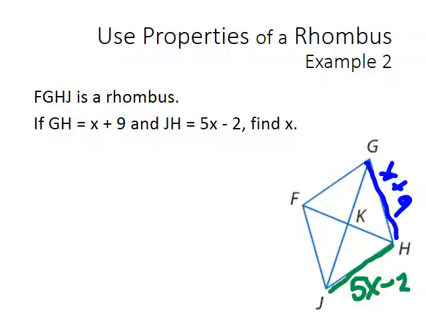And of course, from the definition of a rhombus, we know that all the sides are congruent. So GH and JH are congruent. They're the same length, which means x plus 9 is equal to 5x minus 2. So we can just set up that equation using properties of a rhombus, knowing that the sides are equal, and then solve for x.